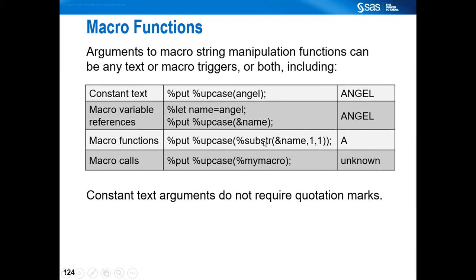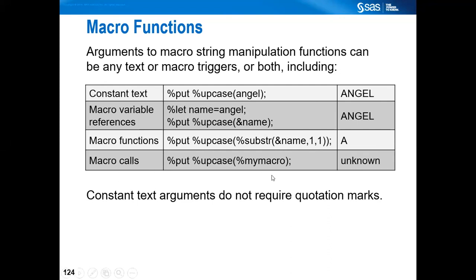You are extracting from the name the first character, a, and asking it to upcase. Earlier your name has all small letters, so when it extracts, it extracts a in lower case. After doing this inner function, it works on the outer function to upcase. That is what you get, this A is upper case. Same as base SAS. And then we can call your macro.